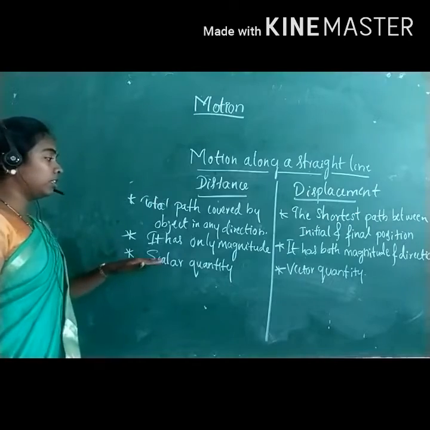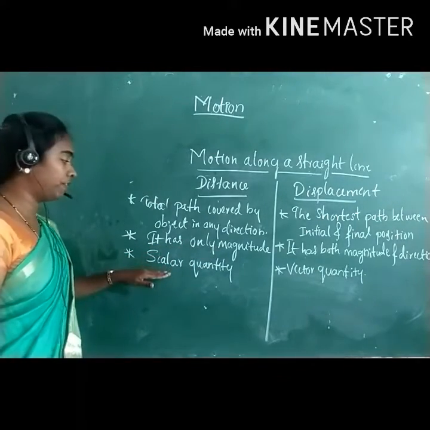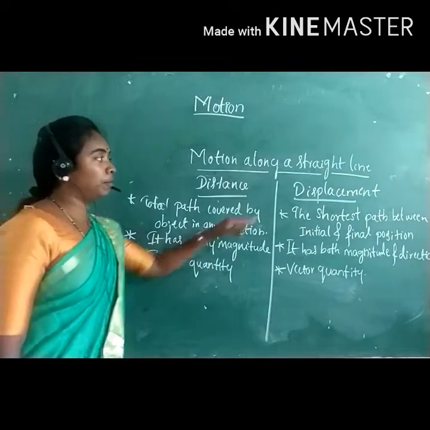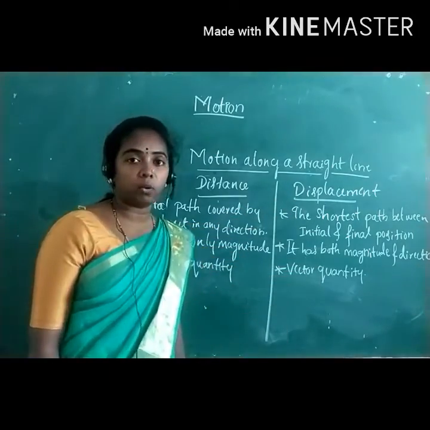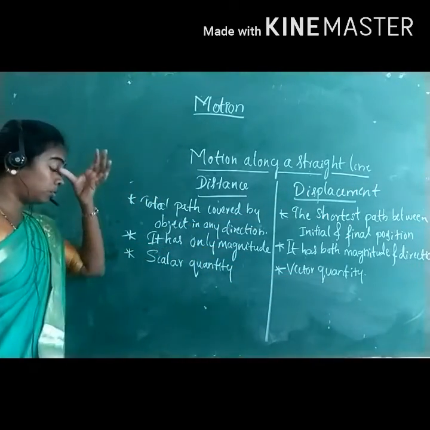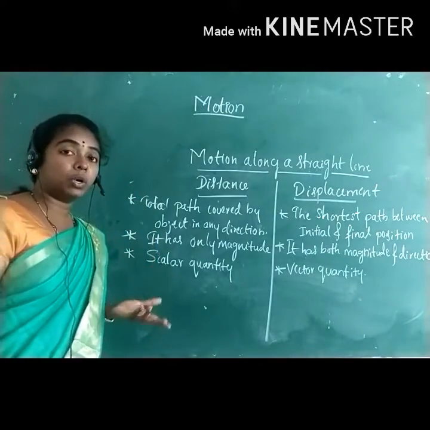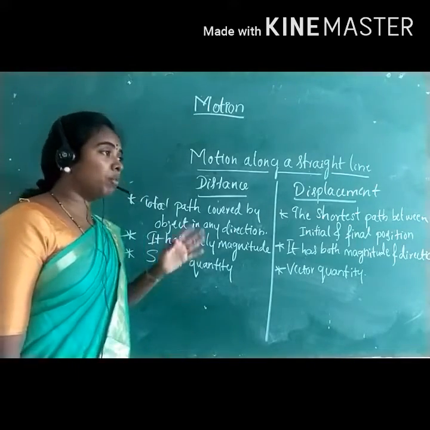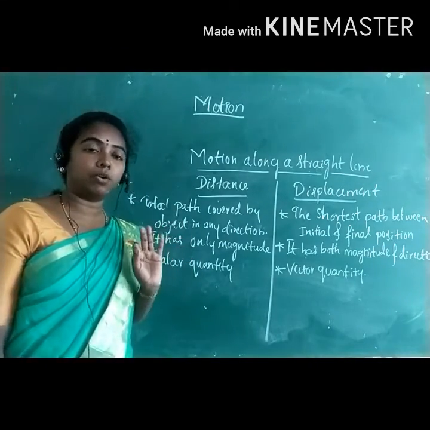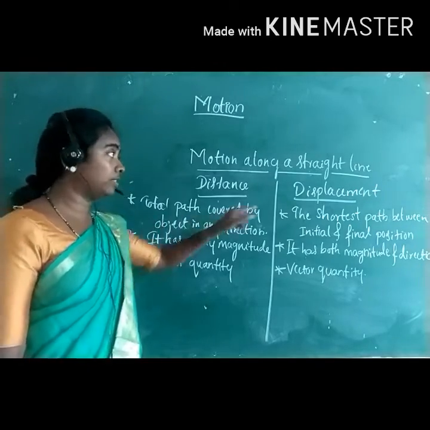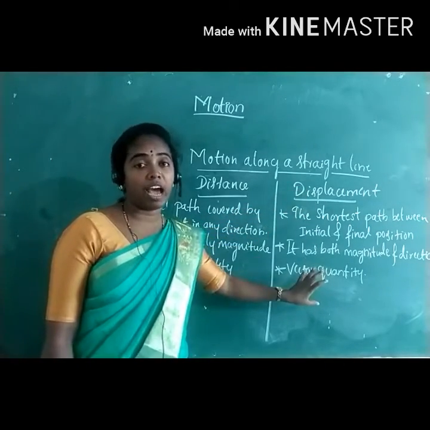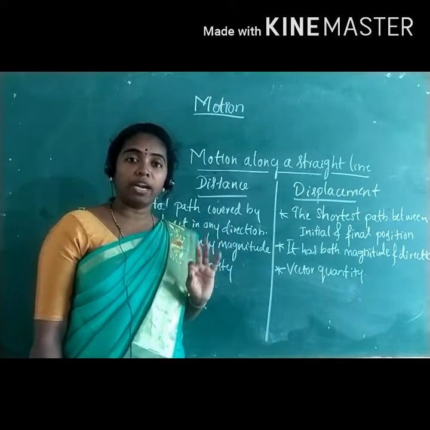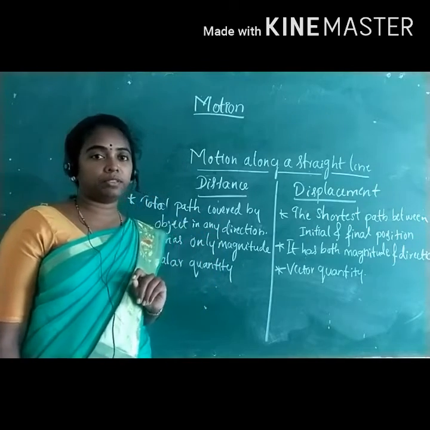As distance has only magnitude, we refer to it as a scalar quantity. Displacement is a vector quantity. Distance will have 0 and positive values. If the body doesn't move, the distance covered is 0. Whereas displacement can have 0, positive and negative values.